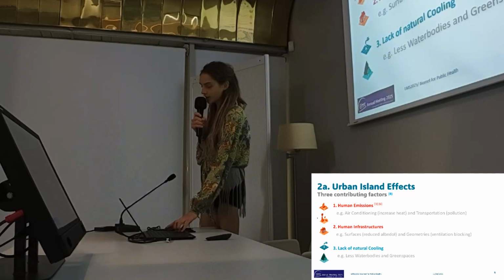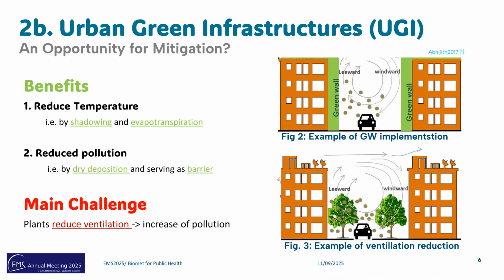So there is this opportunity of urban green infrastructures. And they are beneficial because they can reduce temperatures via shadowing, as well as evapotranspiration, and reduce pollution via dry deposition, and also by serving as a barrier next to a road.